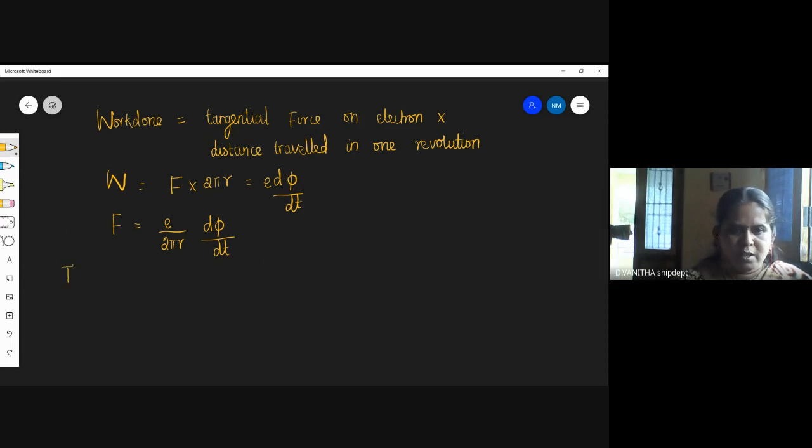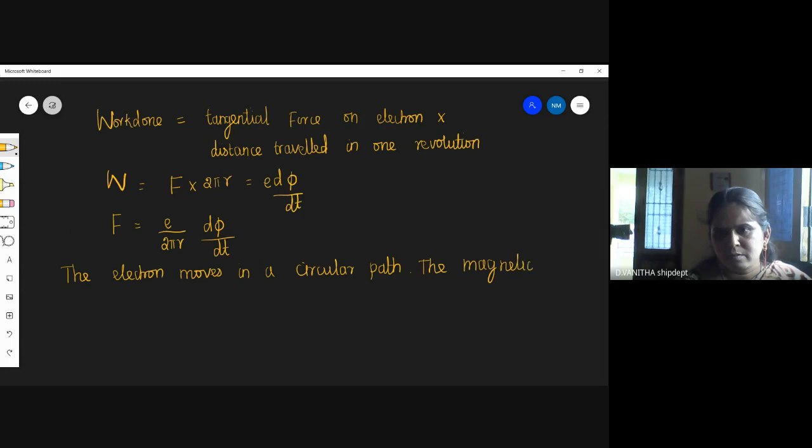Here, the electron moves in a circular path. The magnetic force is balanced by the centripetal force.